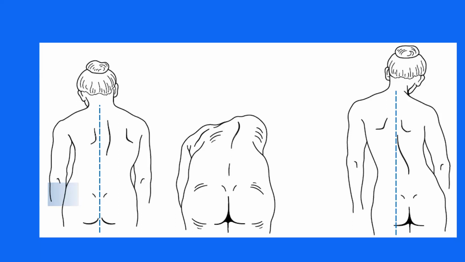So you have to be able to look at the patient from behind, look at the hips. In the diagram on the extreme left, you see that the left hip is more prominent than the right hip. In the diagram on the right-hand side, you see there is prominence of the right hip, but the left shoulder is higher.